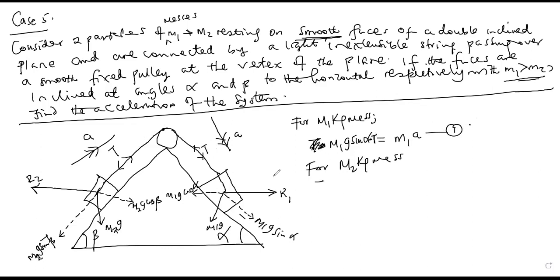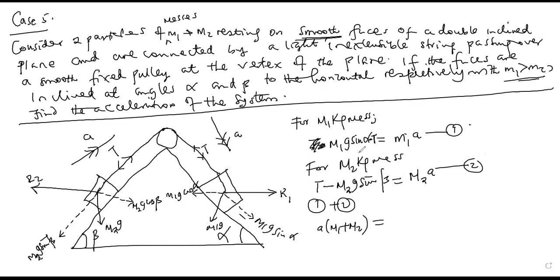But for m2, it is now T that is moving the m2g sine beta upwards, equal to m2a. Equation 2. When you add equations 1 and 2, it will be m1a plus m2a, which is a times (m1 plus m2), equal to T, and T will cancel.